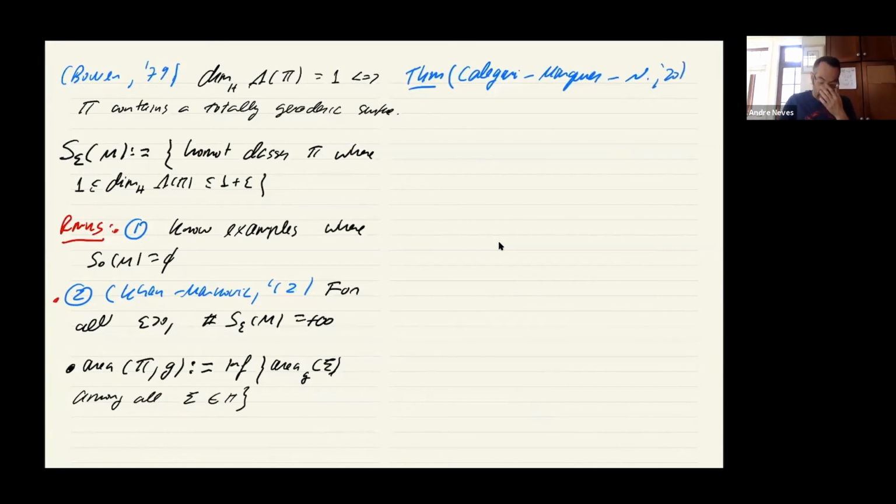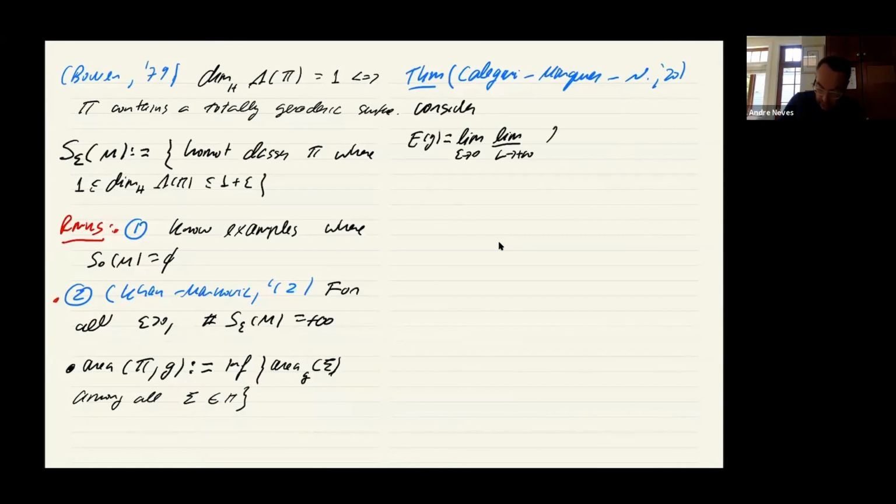The theorem is that we consider the following entropy type quantity. We define it for g by taking the limit when epsilon gets smaller and smaller, and then we make L get larger, and so we mimic the quantity for geodesics.